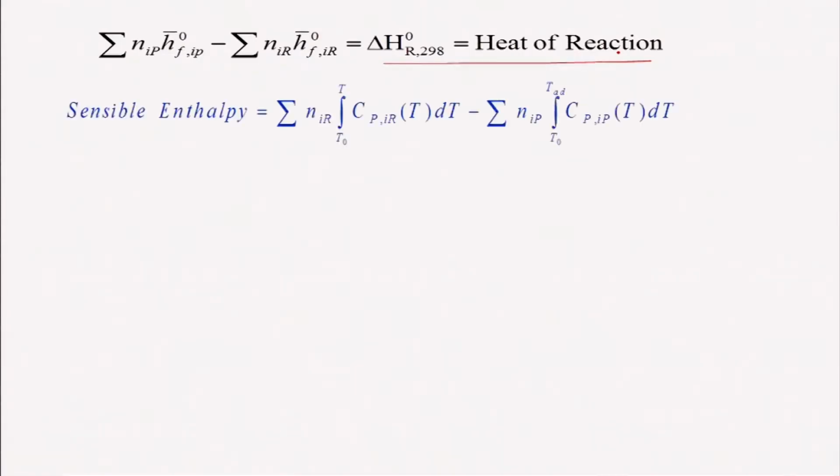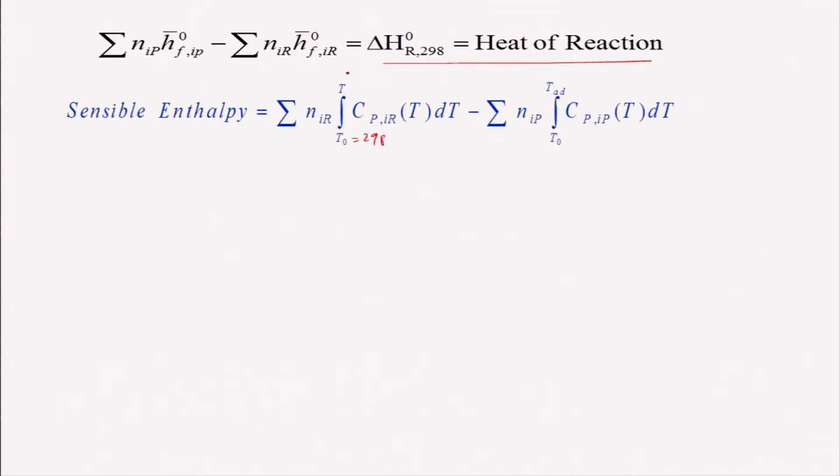And then this sensible enthalpy is the term which we have seen, when we are considering the balance of the enthalpy of the products being equal to the enthalpy of the reactants. This is basically from a standard temperature, that is 298 Kelvin.